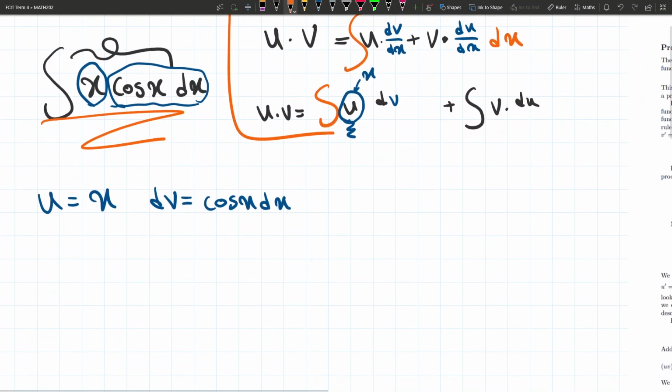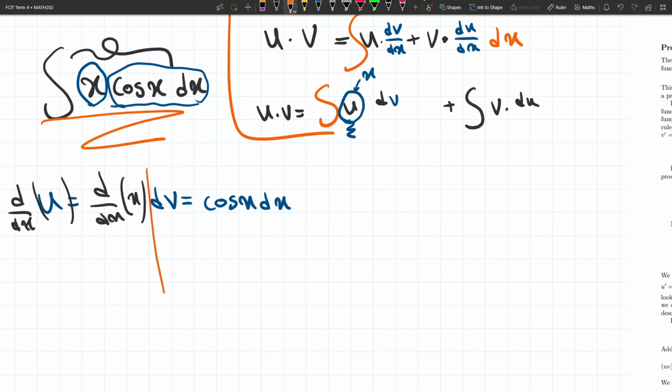Now let's try differentiating this. When you differentiate u, we use d over dx, and when you apply differentiation on x, it turns into 1.